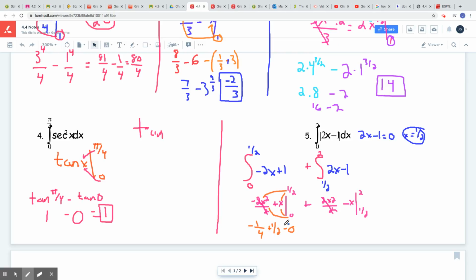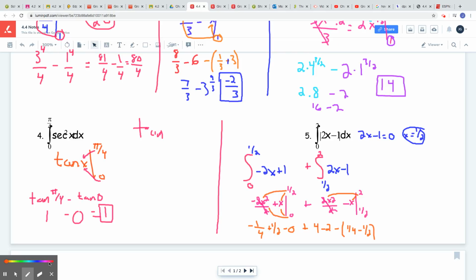You don't have to write that, but I'm writing it to show that we actually did plug in 0. Plus, now I plug a 2 in. 2 squared is 4, minus 2, minus, in parentheses because it's minus this whole thing, 1/2 squared is 1/4, and then minus 1/2.